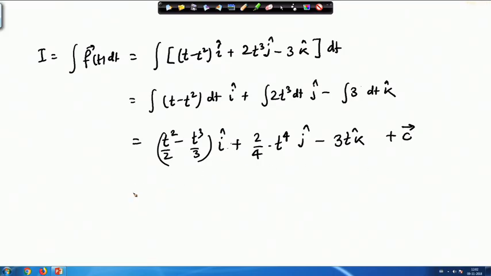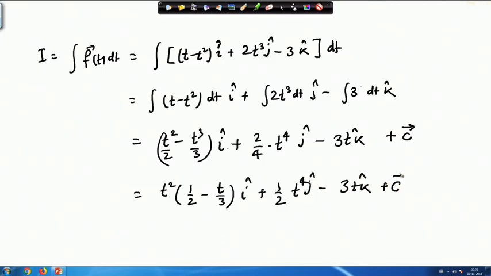So I can simplify it a little bit. t square common: (1 by 2 minus t by 3) times i plus 1 by 2 t to the power 4 j minus 3t k plus a constant c.